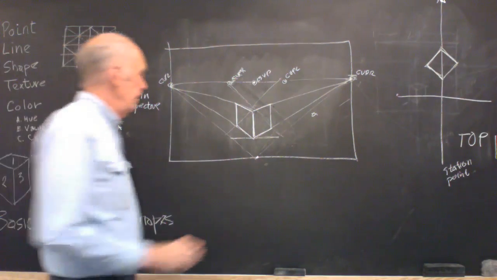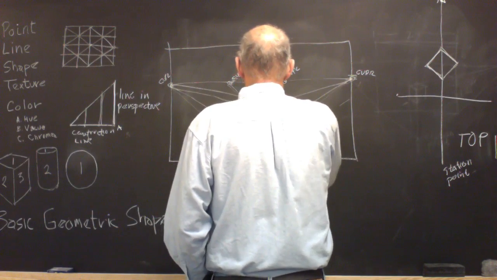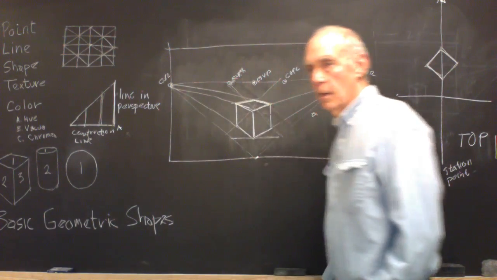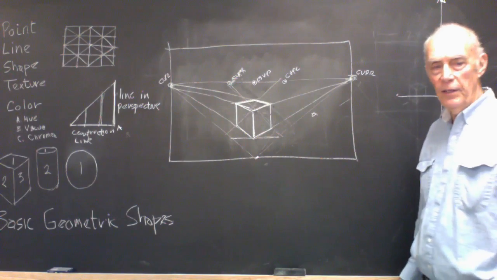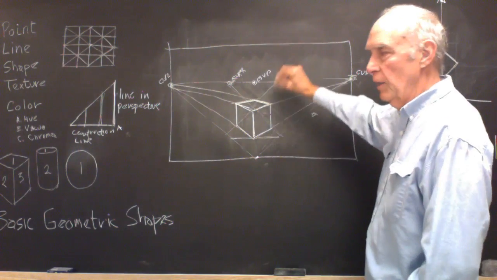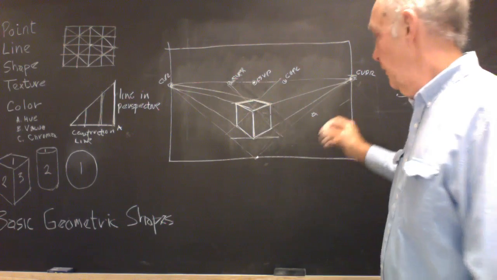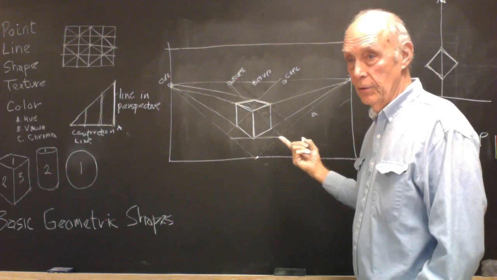And then if I finish it up, that's a cube, a perfect cube. Remember before when I would draw these things, I would just kind of randomly put these lines in the back? Well, now I have a way of drawing perfect cubes.